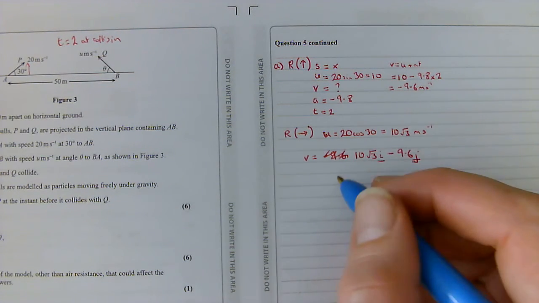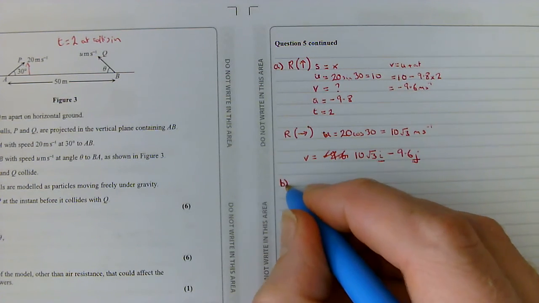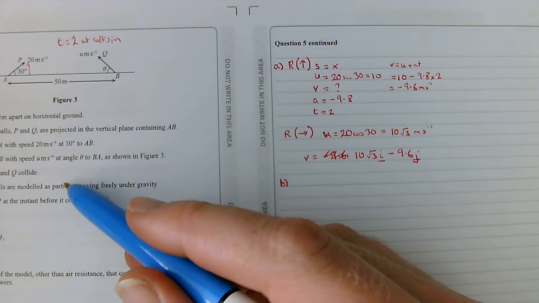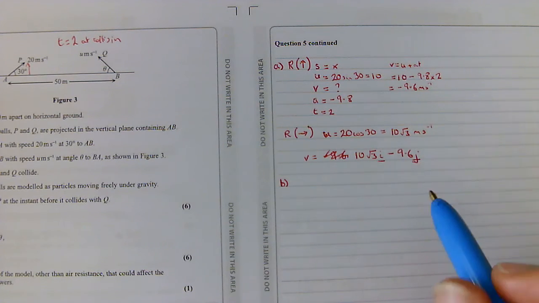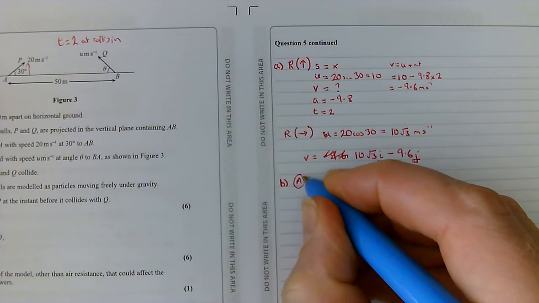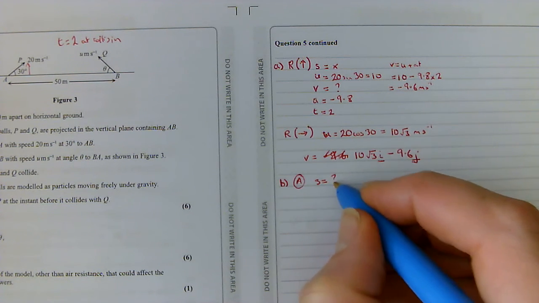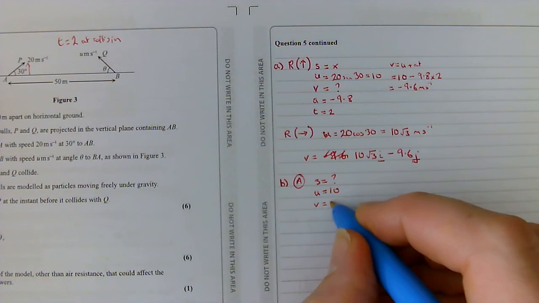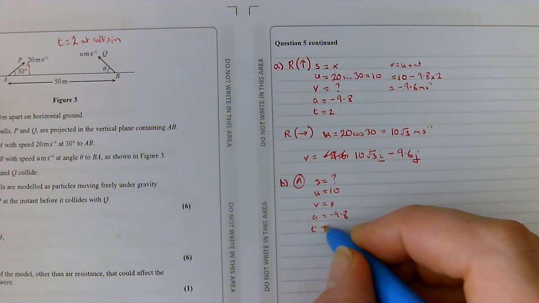So for part B, what I'm going to need to do is to find the position of ball A after time t equals 2 seconds, and then use that to work out what U and theta must be over here. So let's firstly look at particle A. At time t equals 2 seconds, we're going to find out what S is. S is question mark. U equals 10. V we're not interested in. A equals minus 9.8. T equals 2.